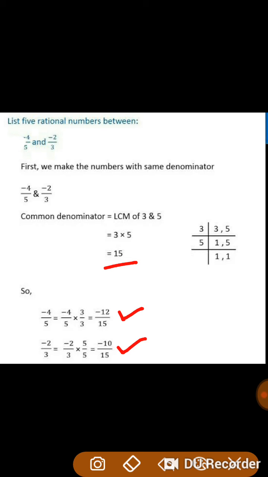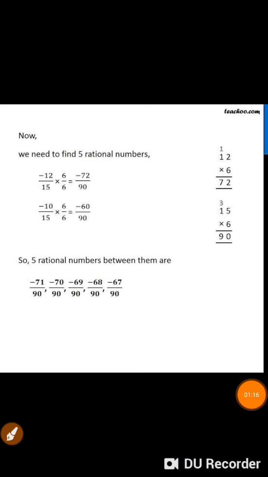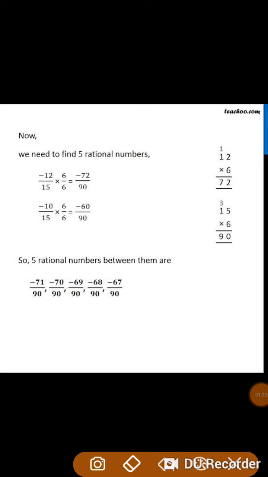Now both the denominators are same. But again, when we observe the numerator, we can see that between minus 12 and minus 10, only minus 11 by 15 will come. So we have to again increase them, since we have to find 5 rational numbers between them.